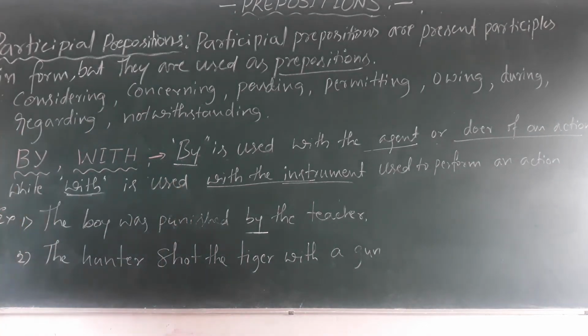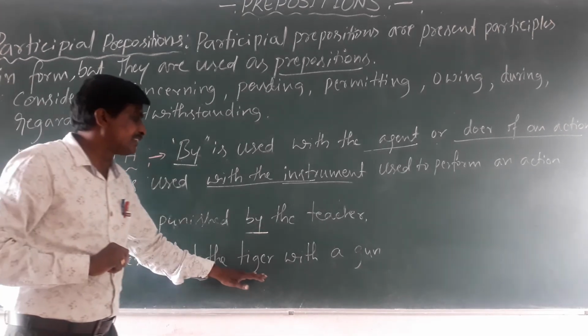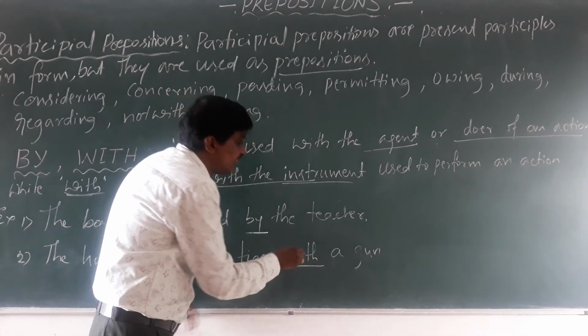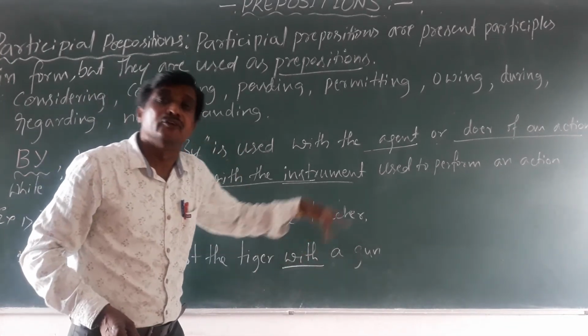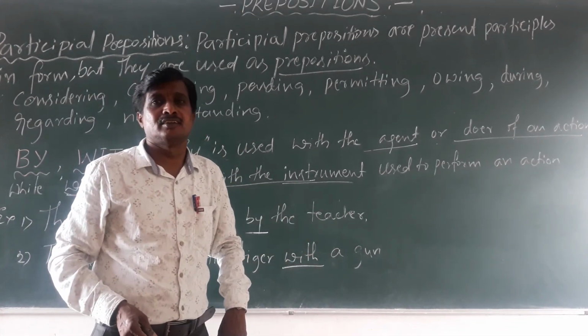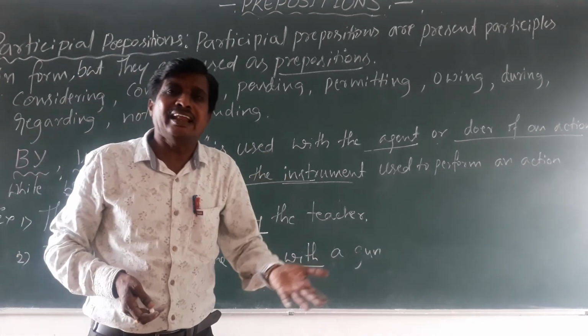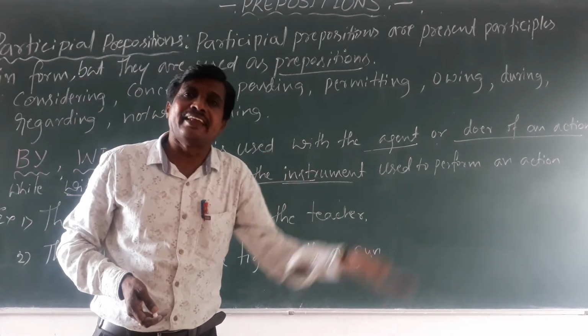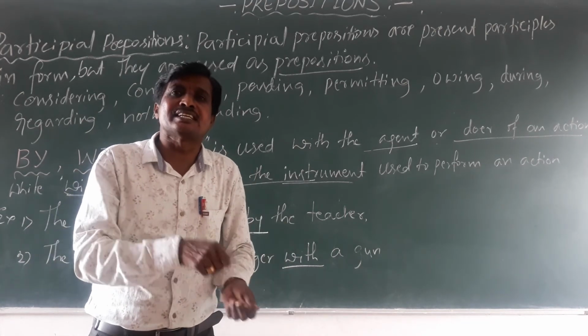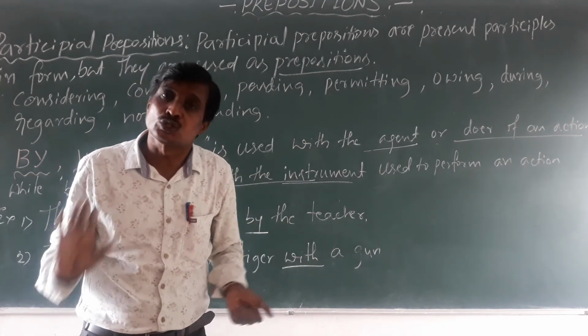Let us see with is used with the instrument used to perform an action. The hunter shot the tiger with a gun. The king killed his enemy with his sword.